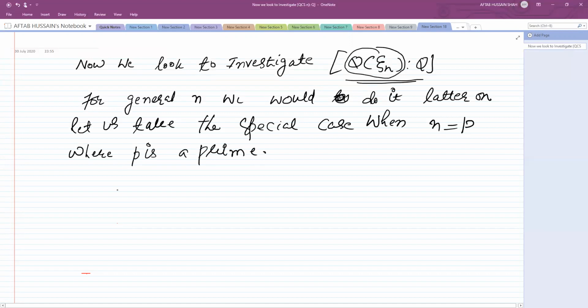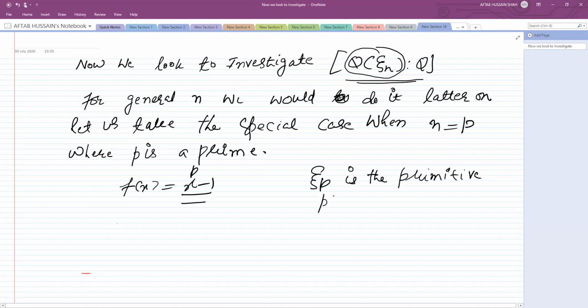Now we are taking our polynomial f(x) as x^p - 1, and zeta_p is the primitive pth root of unity.